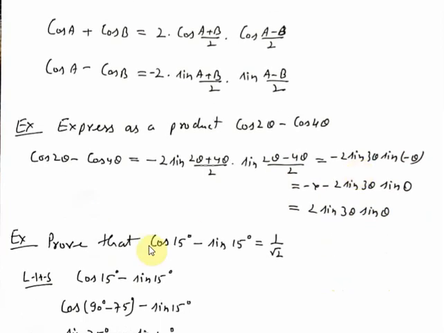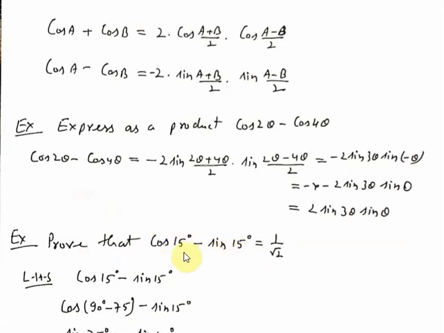Next example, prove that cos 15 degree minus sine 15 degree equals 1 upon root 2. Cos 15 and sine 15, different trigonometric ratios are there. So first of all, we convert into the same trigonometric ratio. We can change cos into sine, or we can change sine into cos.